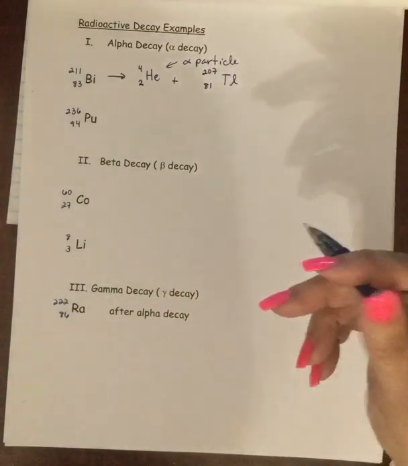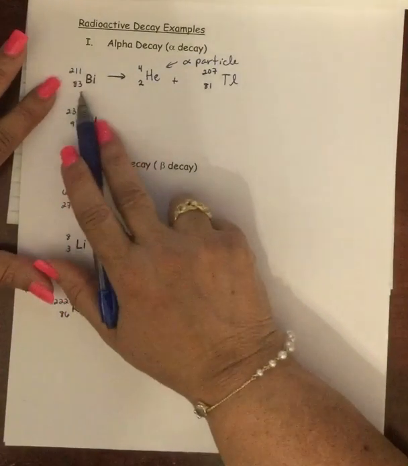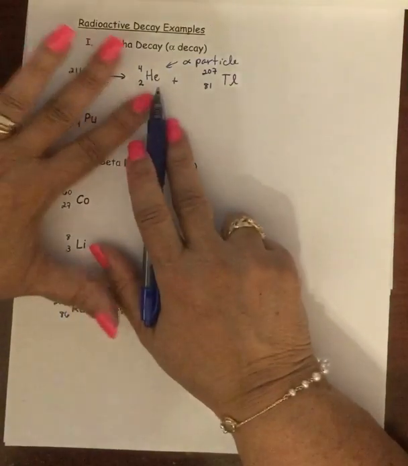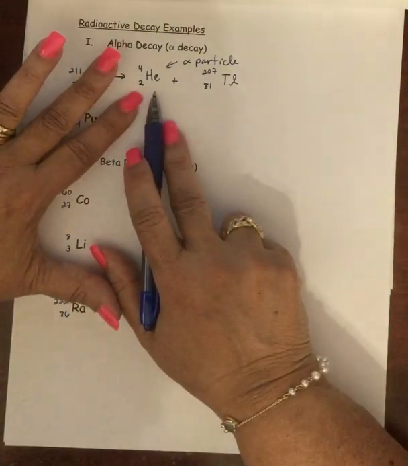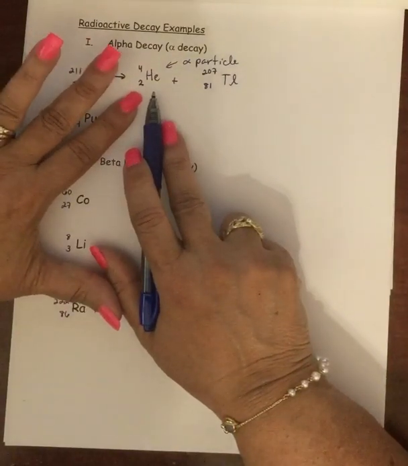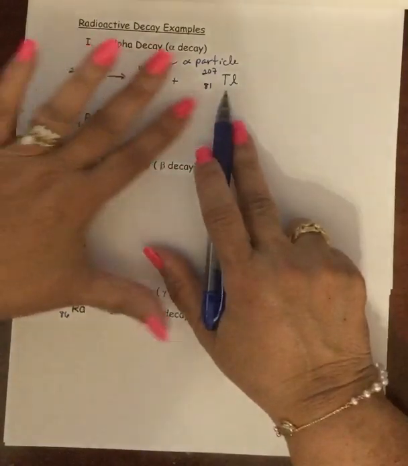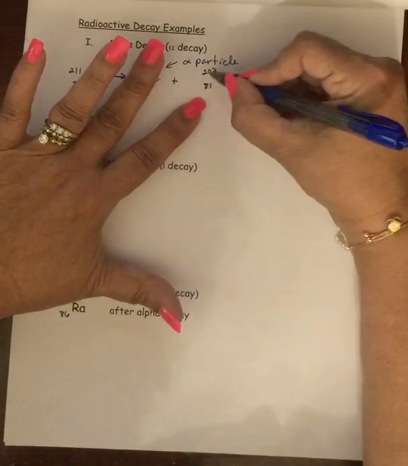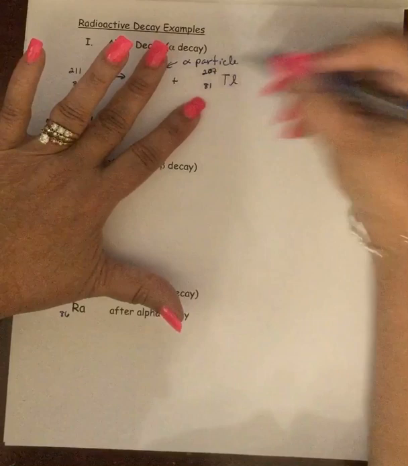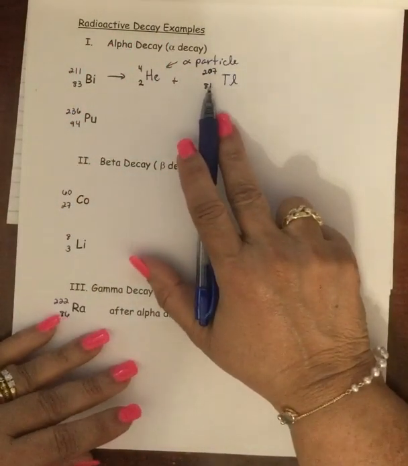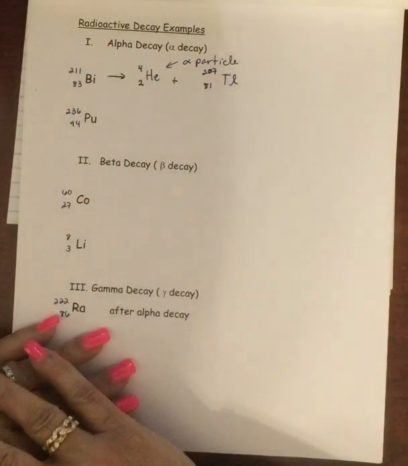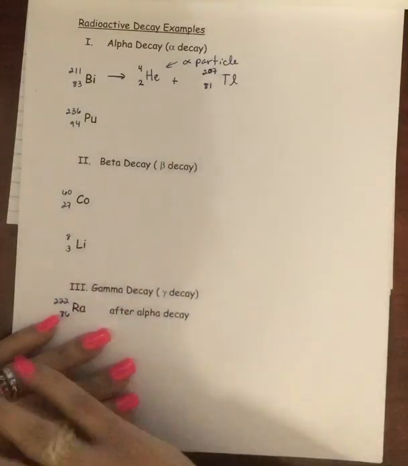And so you have one atom, the parent atom, bismuth, by giving off an alpha particle, in other words, a helium atom, transformed, or transmutated, the term is transmutated, into a different daughter atom, namely thallium, with 207 mass number and 81 atomic number. So that's an alpha decay.